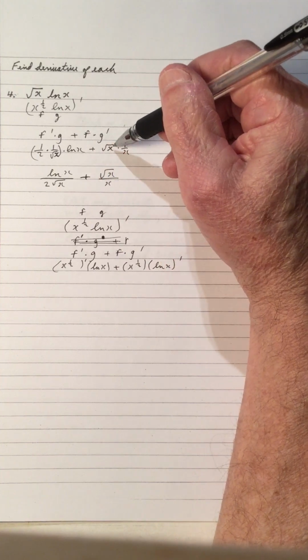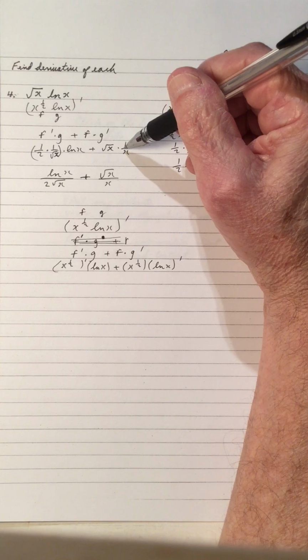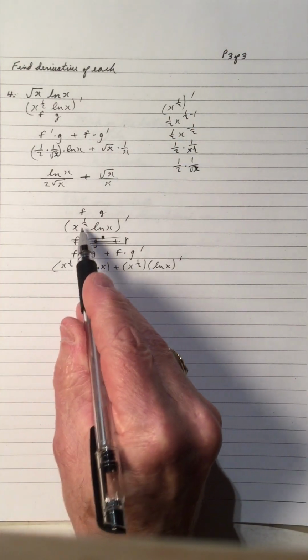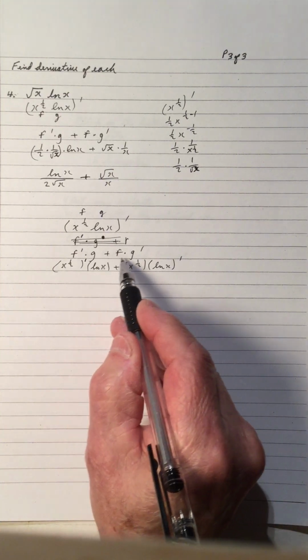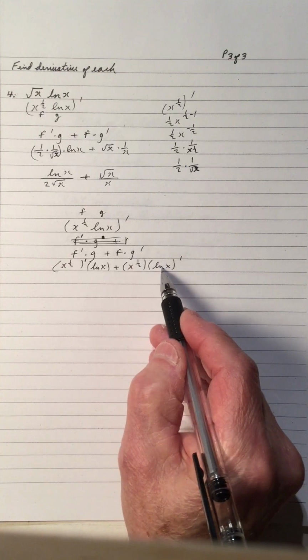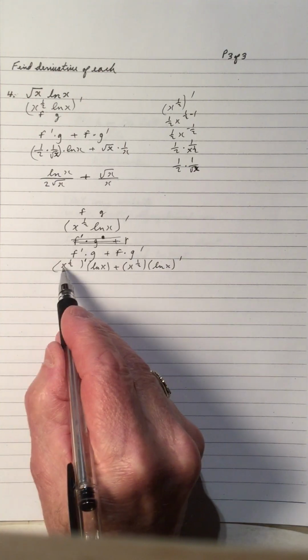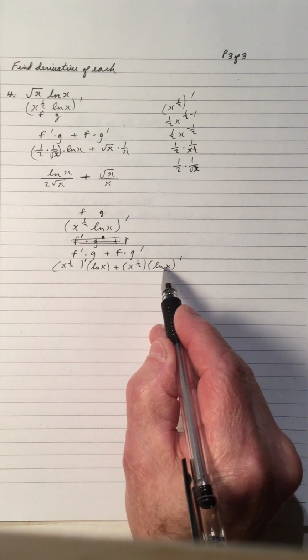And then I did the derivative here of ln x. So if you want to do it this way, fill in f and leave the prime here, fill in the g, fill in the f, fill in the g. So I fill them all in first. Now you can go through and do the derivative of this times ln, and same thing here.